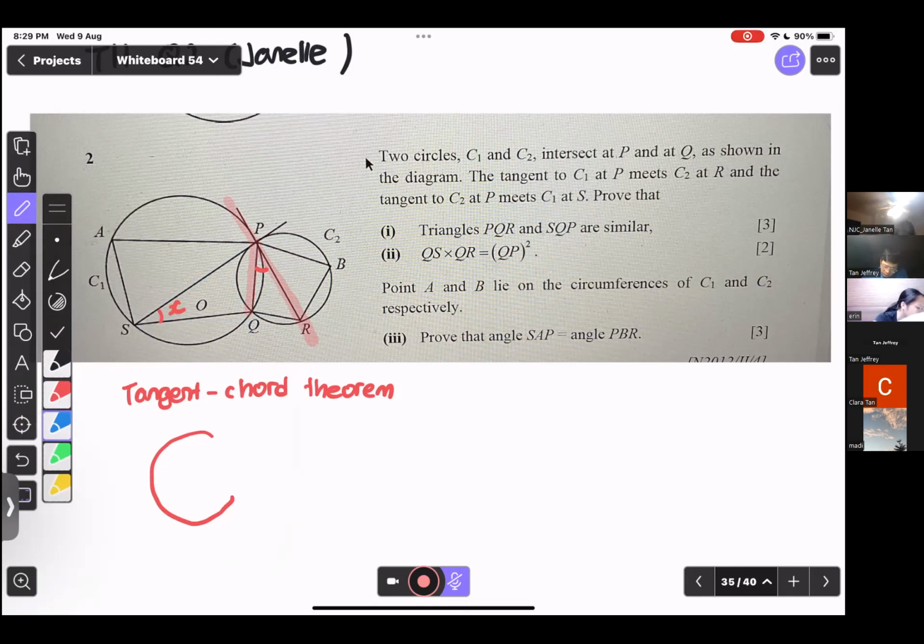Then I draw the blue color line, and the same chord. Can you see that this angle and this angle are the same? Both are Y. Have I answered all your questions?